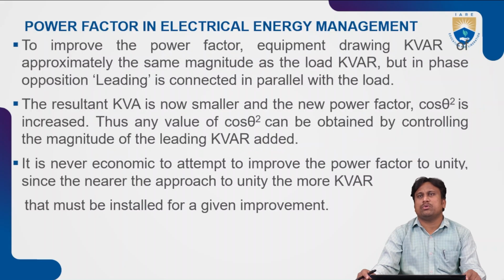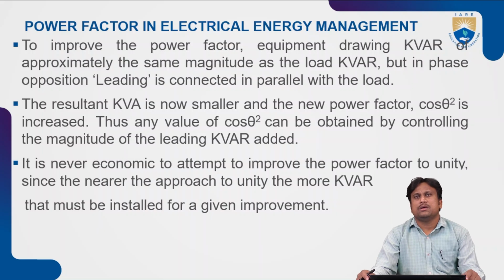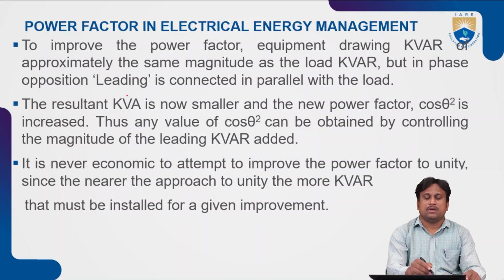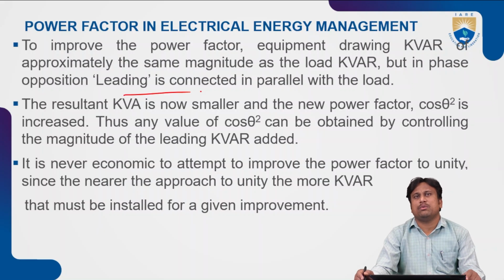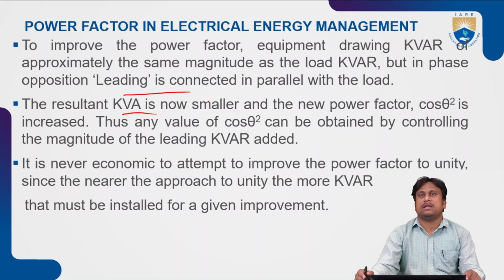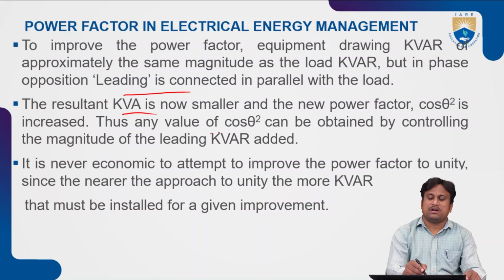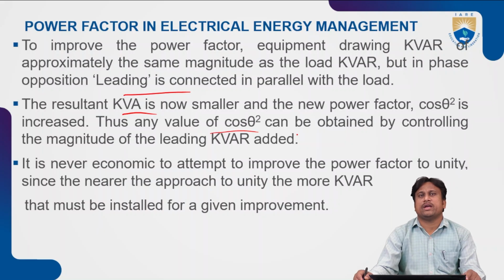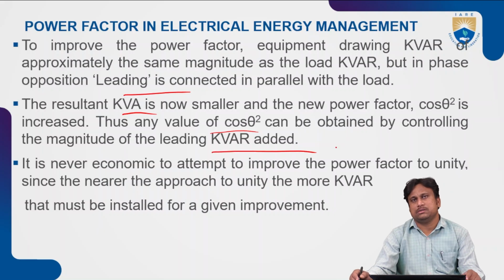So to improve the power factor, equipment drawing kVAR of approximately the same magnitude as the load kVAR, but in phase opposition, leading, is connected in parallel with the load. That means the resultant kVA is now smaller and the new power factor, cos theta, is increased. Likewise any value of cos theta can be obtained by controlling the magnitude of the leading kVARs added to the system.